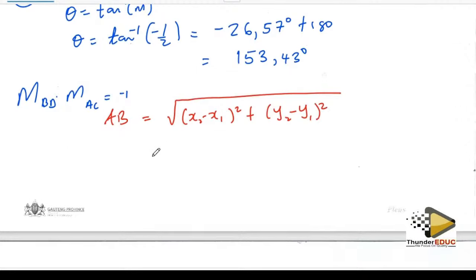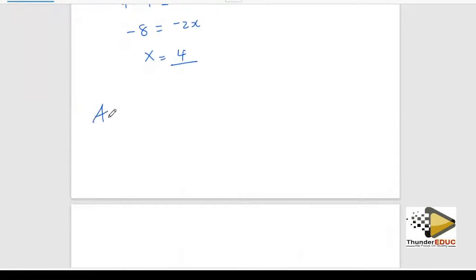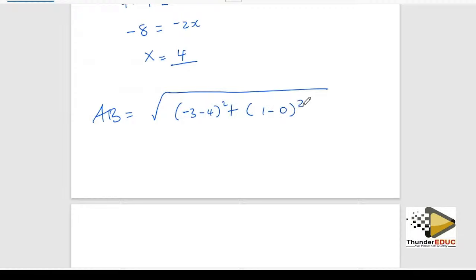When I do my substitution, that's going to be -3 minus 4 squared plus 1 minus 0 squared. When I punch that into my calculator, I'm getting 5√2 units.